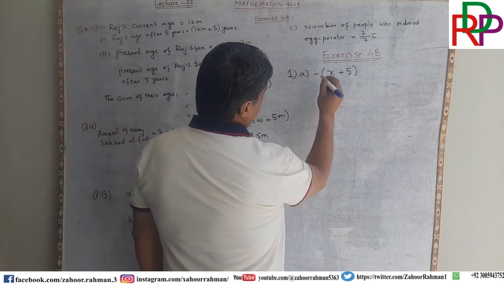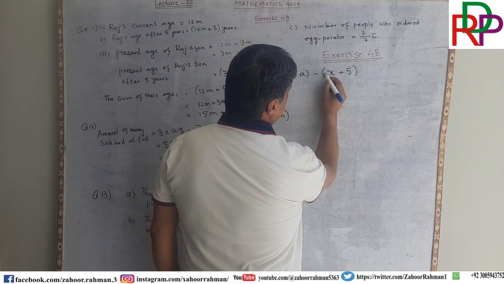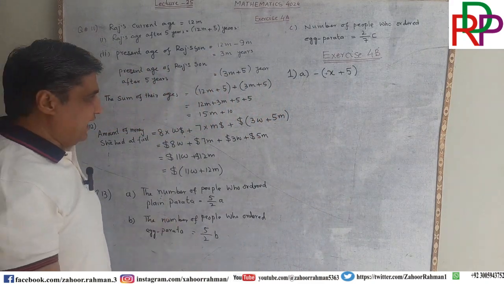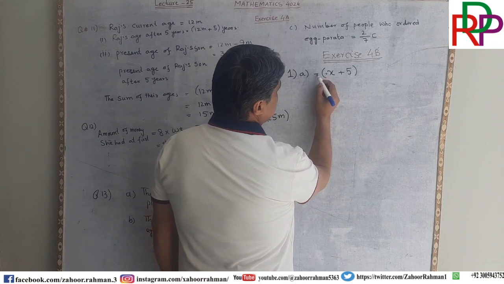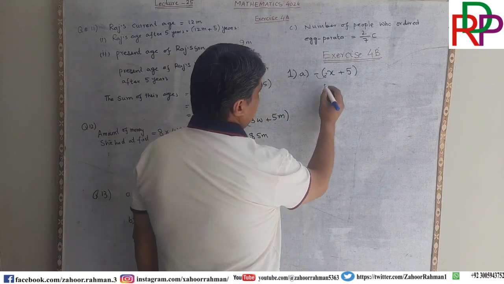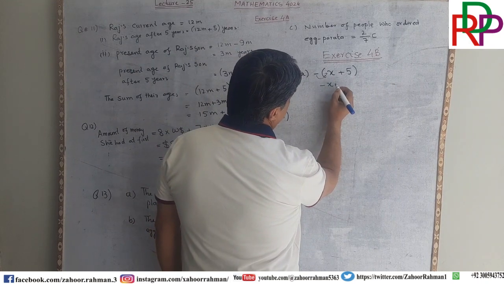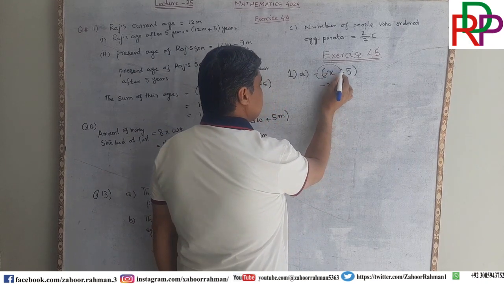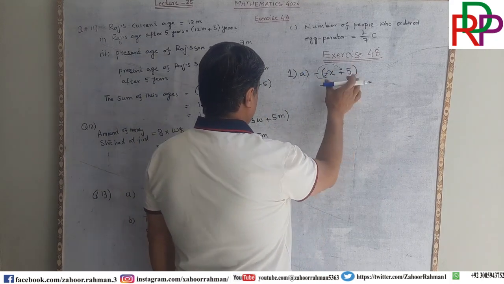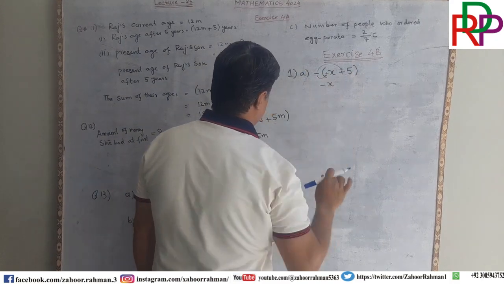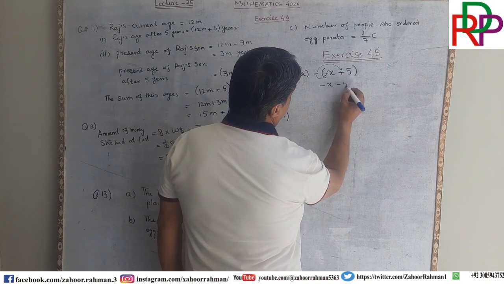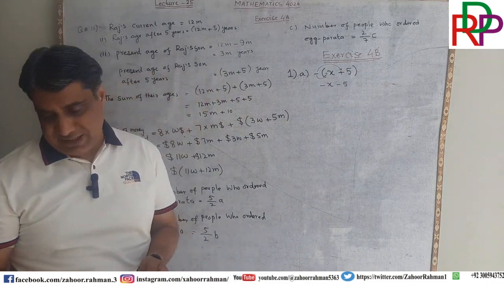Ladies and gentlemen, I told you when there is no sign, it is considered positive. I also told you in the previous lecture, when this minus is multiplied with this plus, it becomes minus x, and then minus is multiplied with this one, because the bracket shows that this negative symbol will be multiplied with each term. So it will be minus 5, and that is the answer.